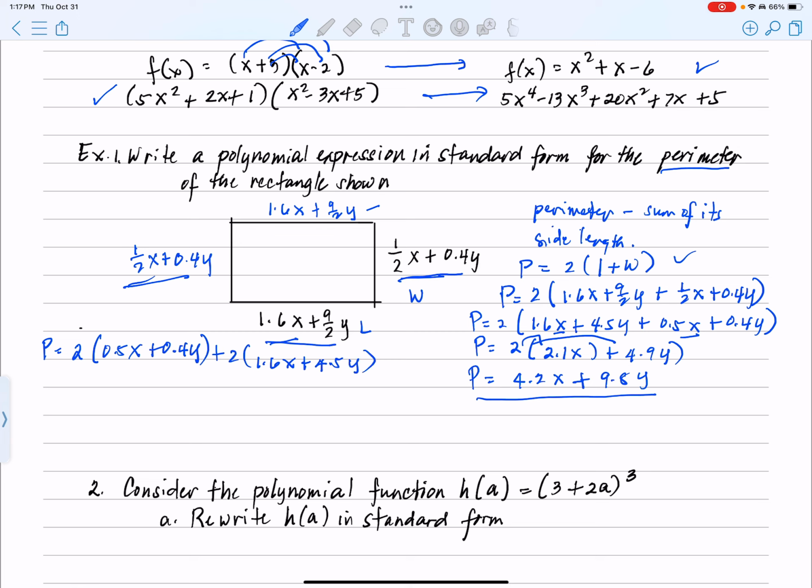So by doing that, you can still multiply and expand. So 2 times 0.5, that's 1x. Okay, 2 times 0.4, that's 0.8y. 2 times 1.6, that is 3.2x, right?